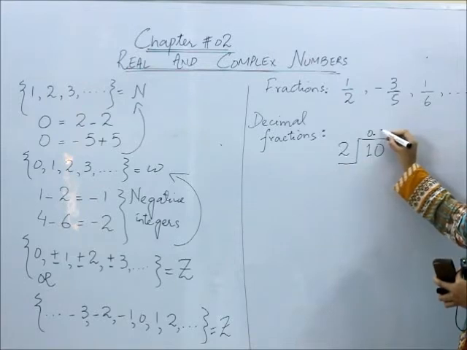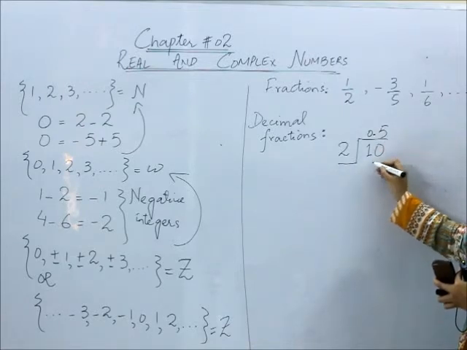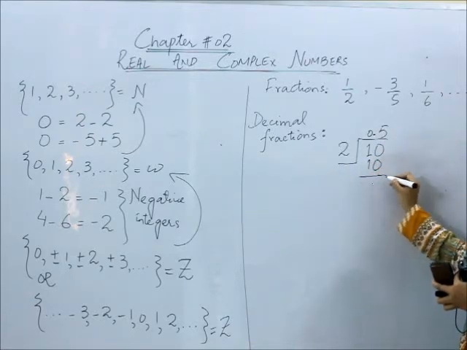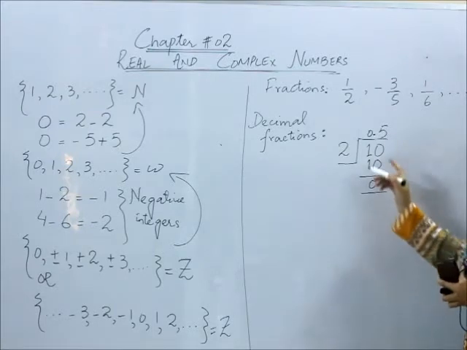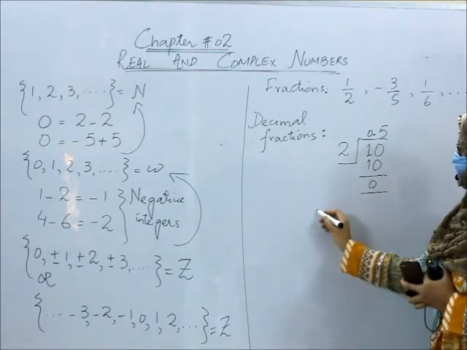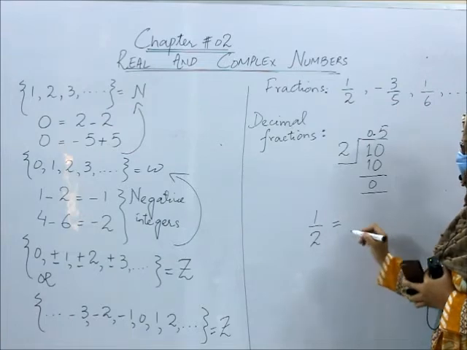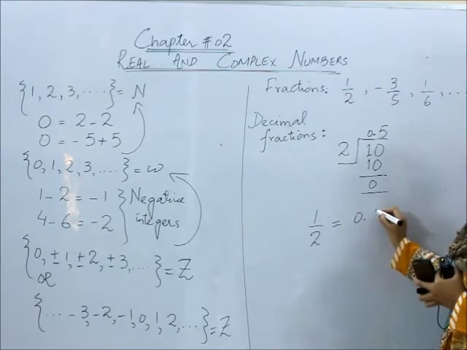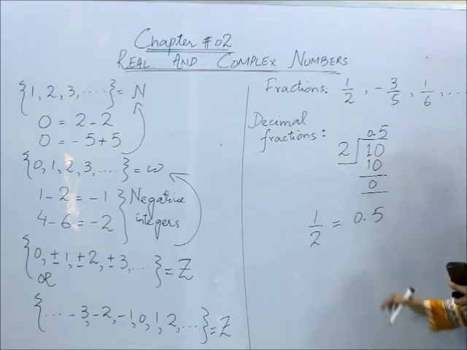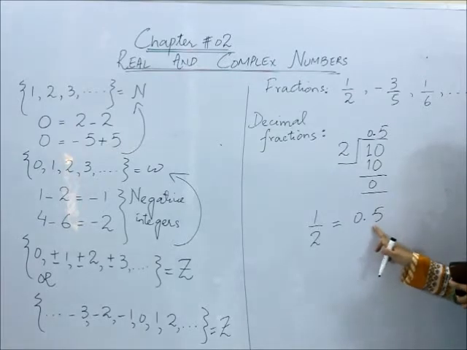Now we will multiply 2 by 5 and our answer would be 10. So 1 by 2 when converted into the decimal form will give you 0.5. So there is just one digit after the decimal point.